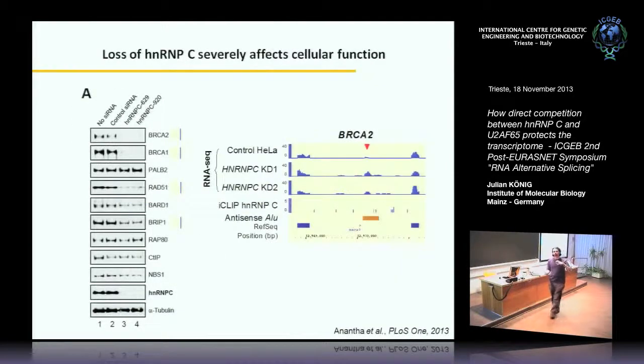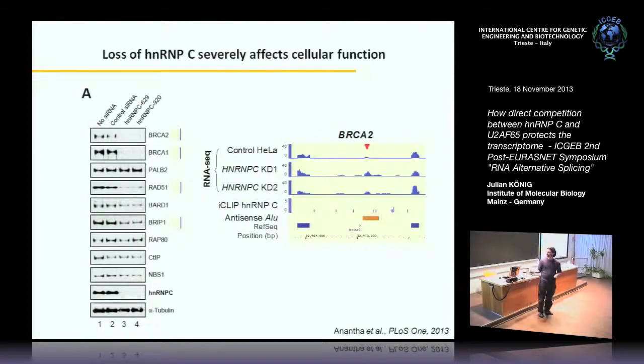Okay, so just one last slide, to underline that this is a very important mechanism. We were contacted at some point by the lab of Xiaobing, and they are interested in the double-strand break repair pathway, and they found a connection between hnRNPC and this pathway.